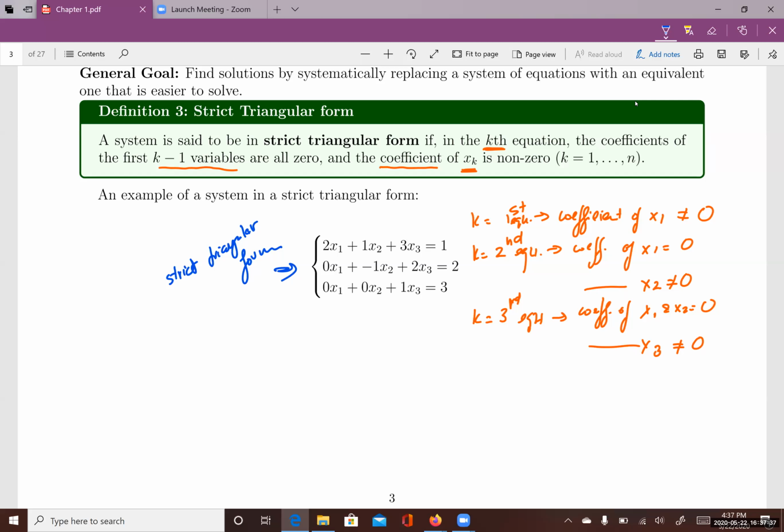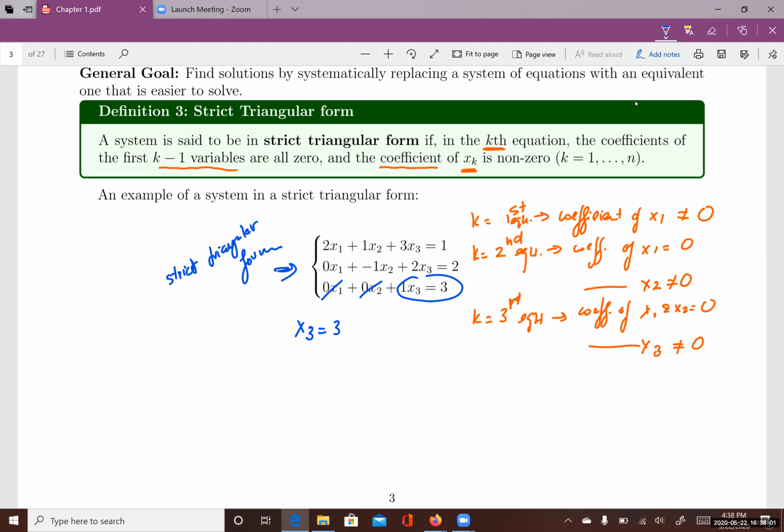Can you solve the system? Yes, I can. I look at the third equation. Since the coefficients of the first and second variables are 0, I only have one variable, x3, in my third equation, and I can solve for x3 equals 3. I know it right away.